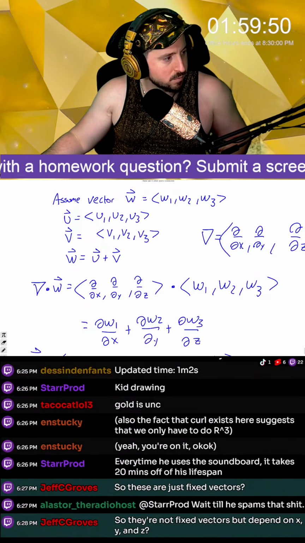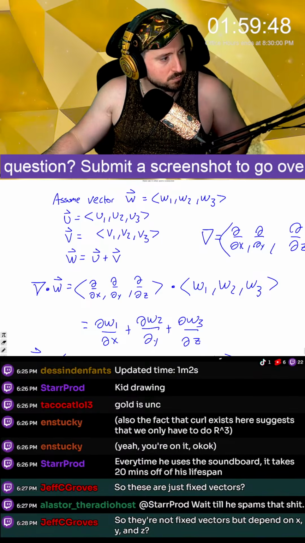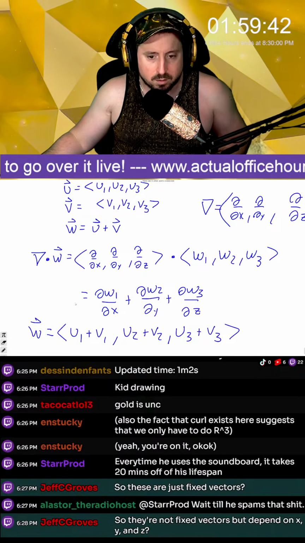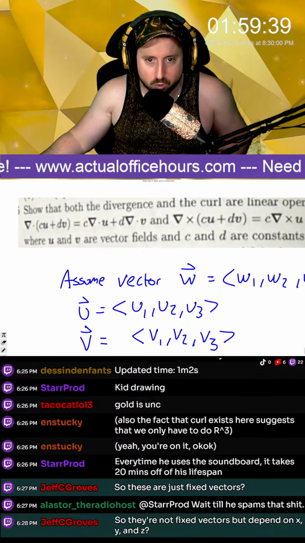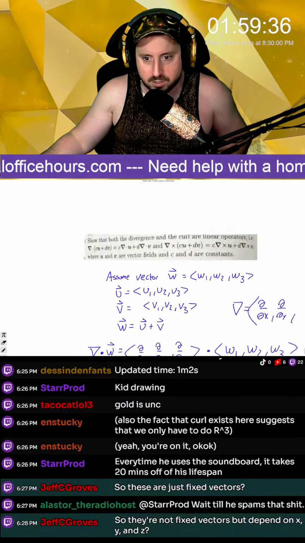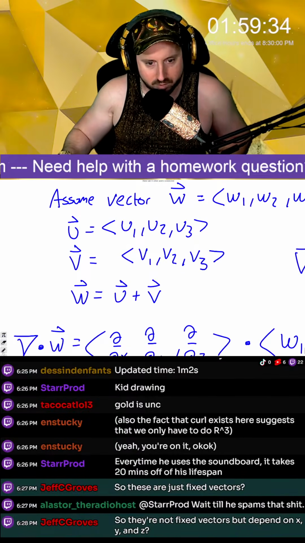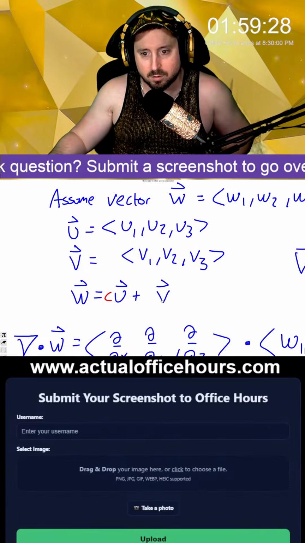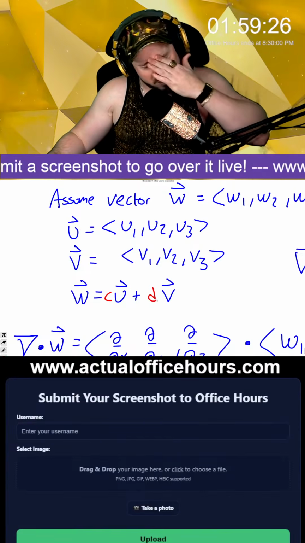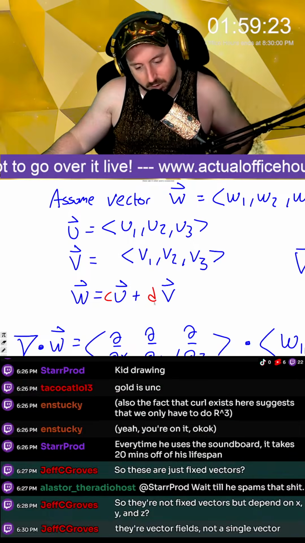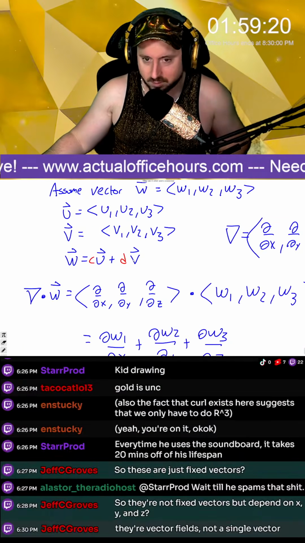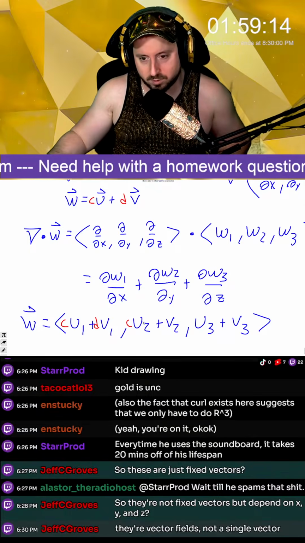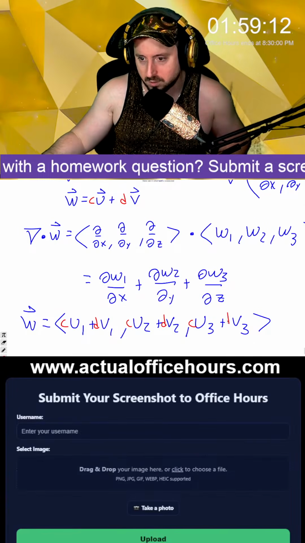They wanted scalars on these things, cu and dv. So let's say w is equal to cu plus dv. Yes, they're vector fields, it's not a single vector. So this is cu1 plus dv1, cu2 plus dv2, cu3 plus dv3.